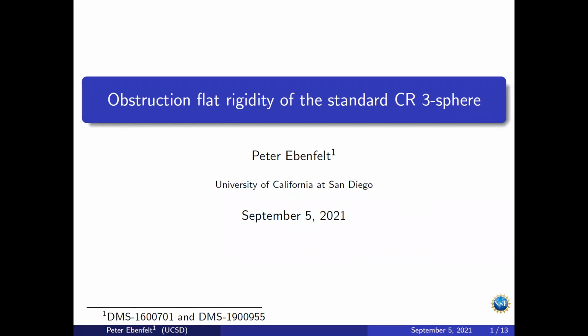Okay, so my talk is really mostly about CR geometry and the deformations of CR structures of the standard CR 3-sphere. But the questions actually come directly from Kähler-Einstein metrics, and especially the log potential and its extension properties to the boundary.